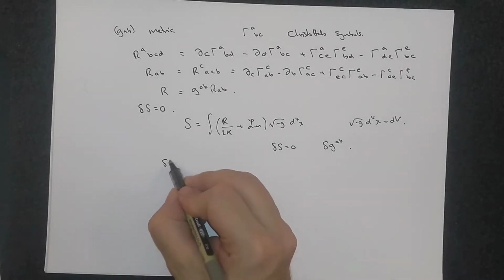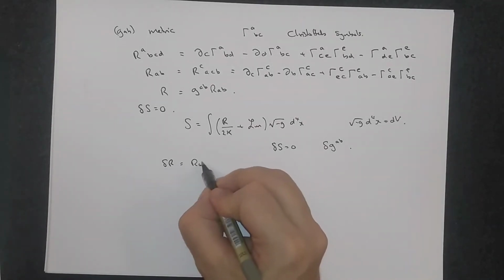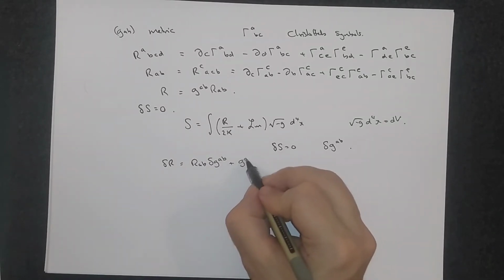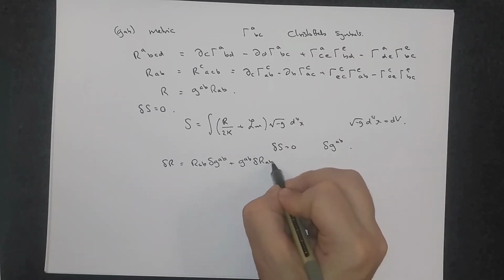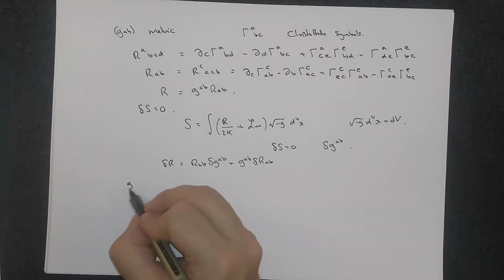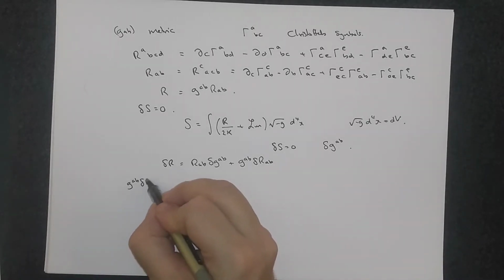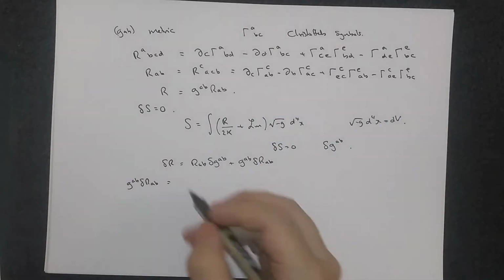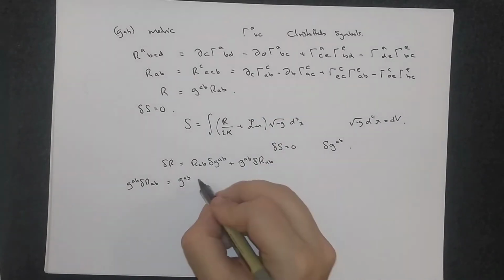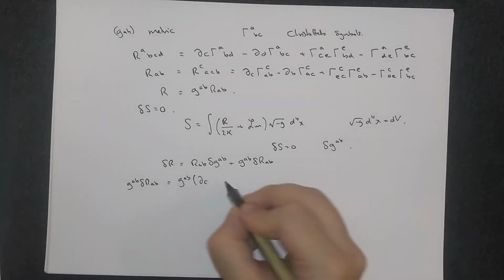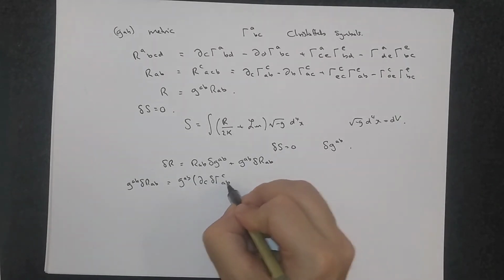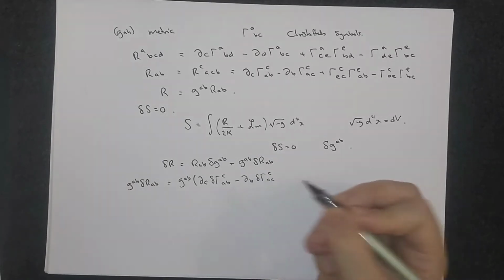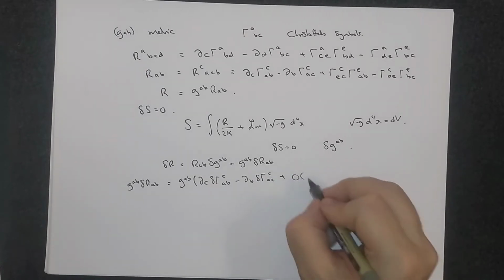Okay, well, delta R is R_AB delta g^AB plus g^AB delta R_AB. So g^AB delta R_AB, I'm varying this thing here, is g^AB times d_C delta Gamma minus d_B delta Gamma plus order Gamma terms.